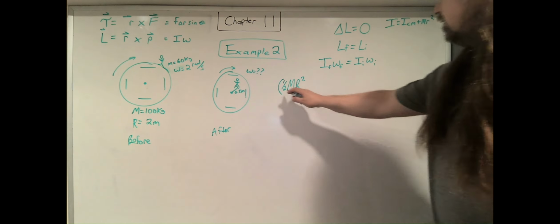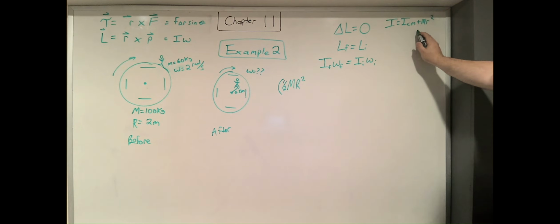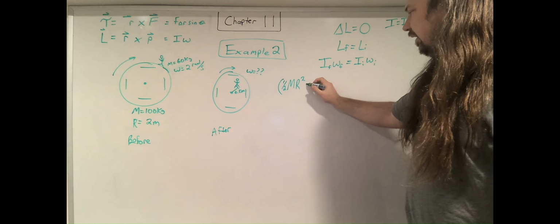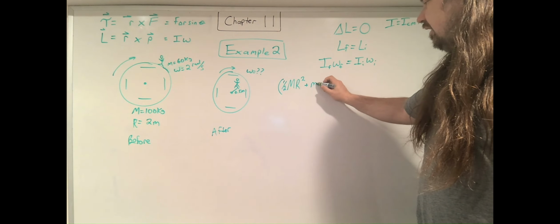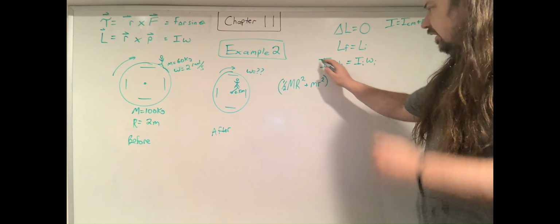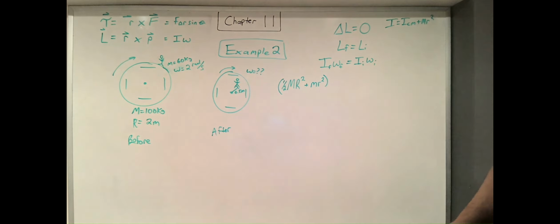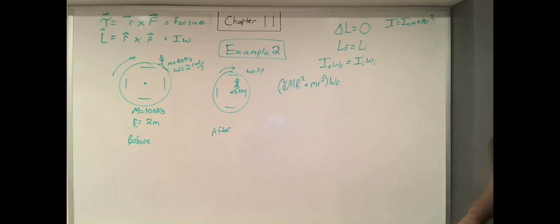So this is the moment of inertia of just the merry-go-round itself. Now we need to add in the person that was added to it, so we will have plus little m and little r squared. This is the new moment of inertia final, and we are looking for omega f, the final speed.